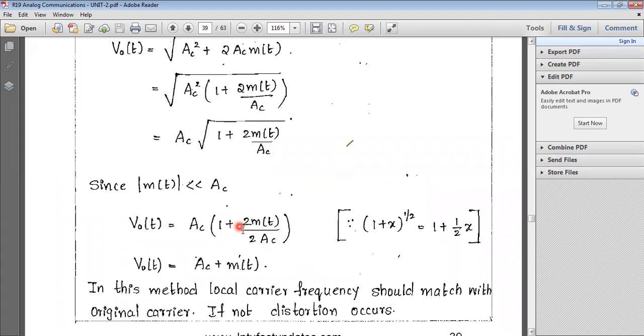Here x equals 2 into m of t by AC. If you multiply AC into the inside parameters, then it becomes AC plus, 2 cancels, AC cancels, m of t. So therefore V naught of t equals AC plus m of t.